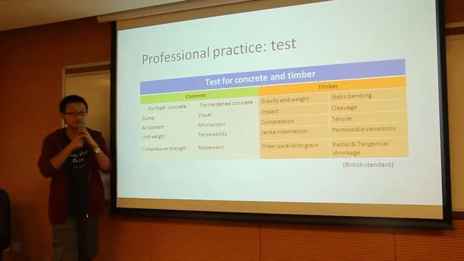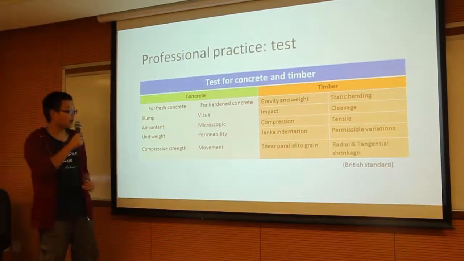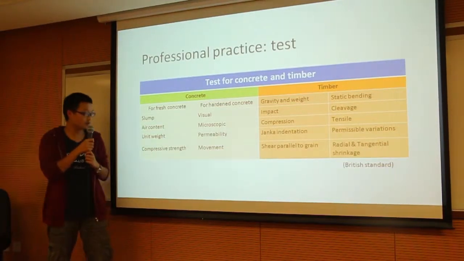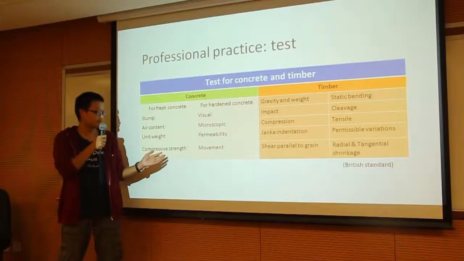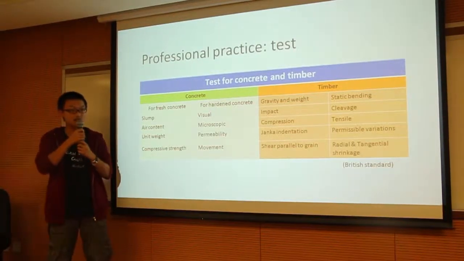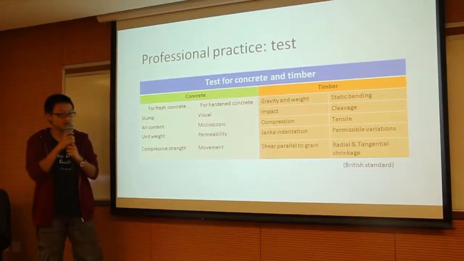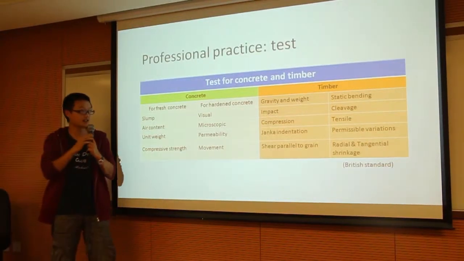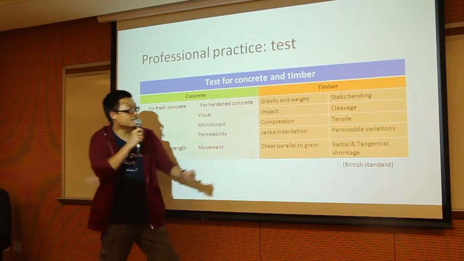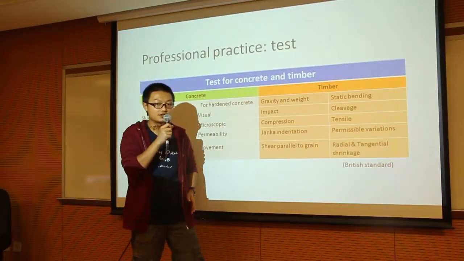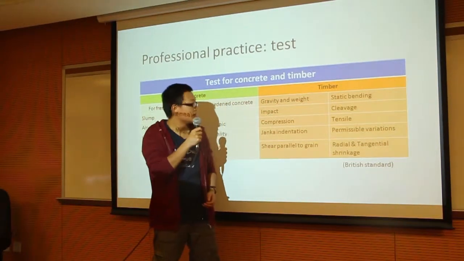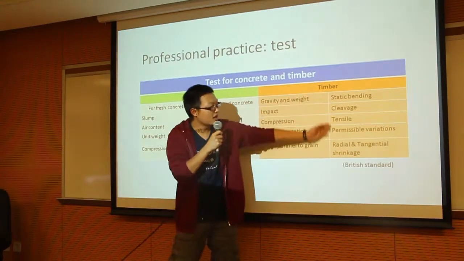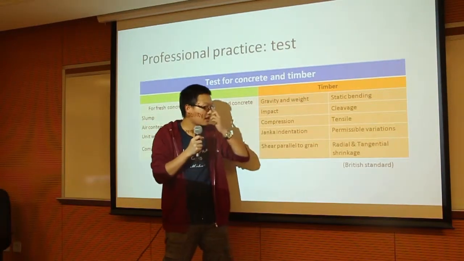For concrete, we must be sure how much compressive strength it can take and how it can work to support the load from the buildings, or as a beam to support the roof, etc. And for timber, there is no such classification, but they still have 10 tests.